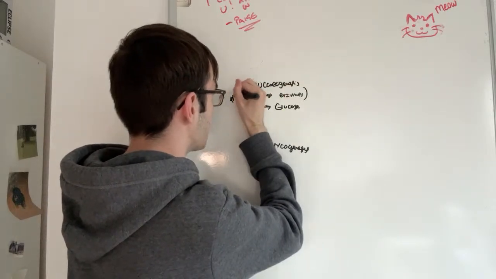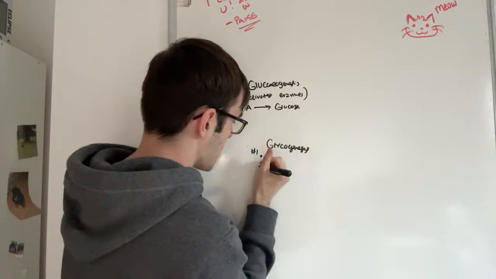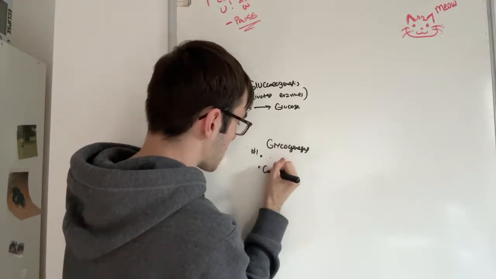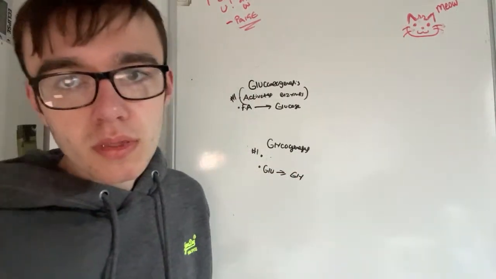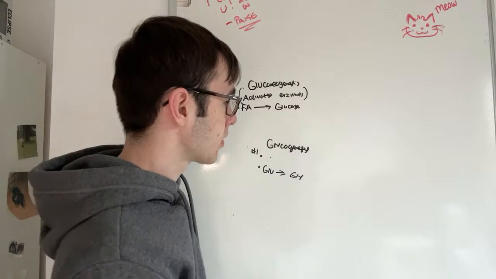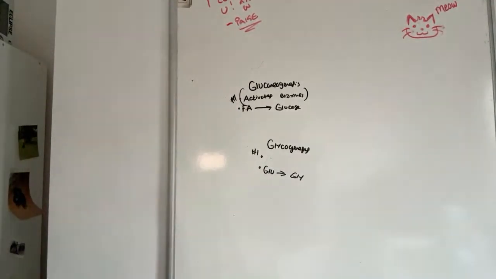That's going to be the same mark point for all of them. Activates enzymes that convert glucose to glycogen. I don't remember the other one though. Glycogenesis. That is definitely one, right?